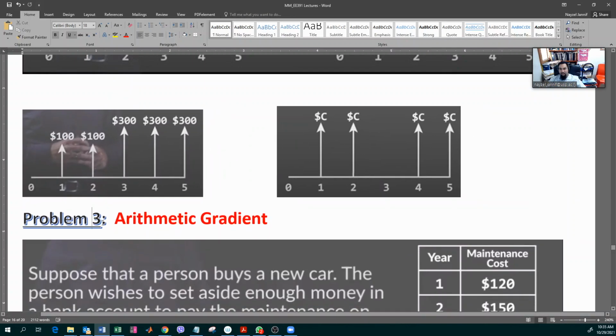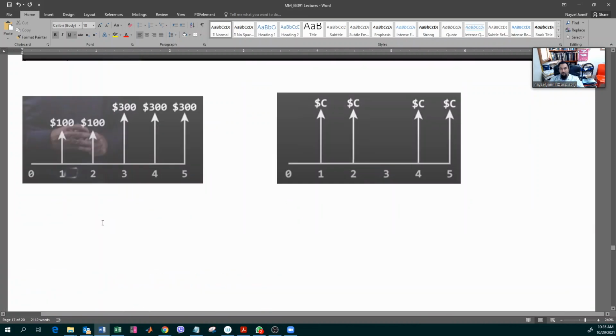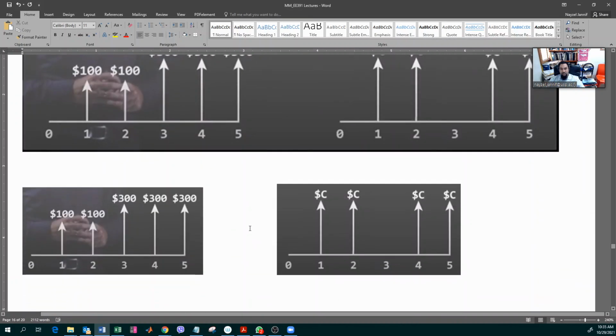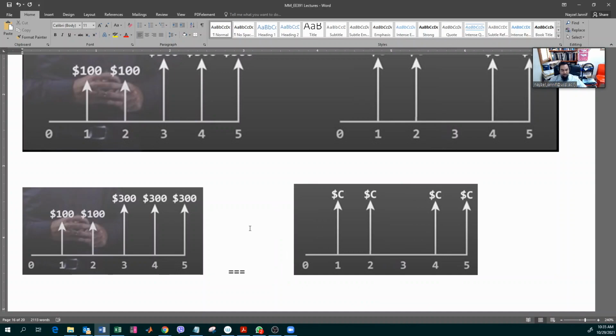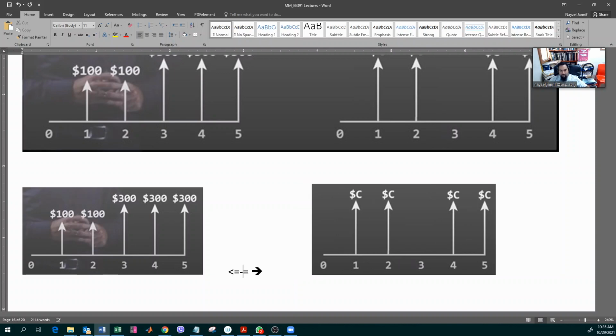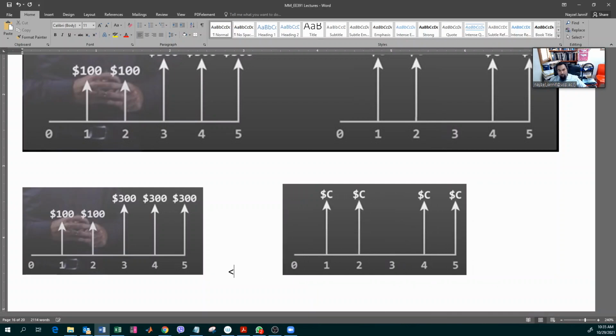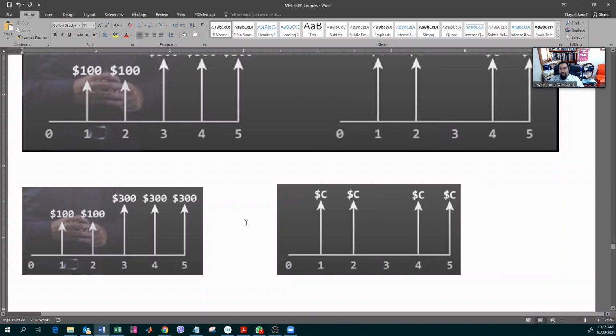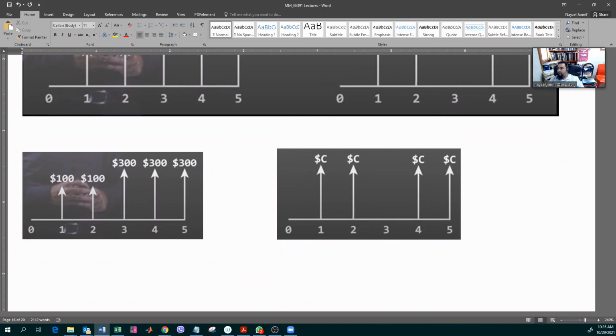Okay, these are all different things. So in the end, what we have to do is, oh, didn't work out. Never mind. In the end, these two have to be equal.